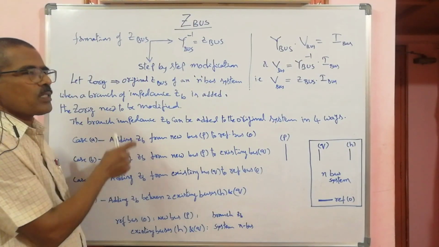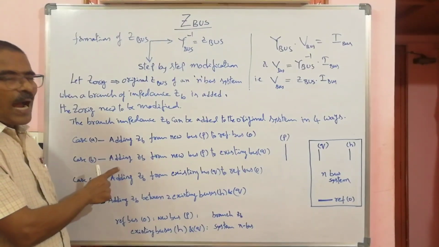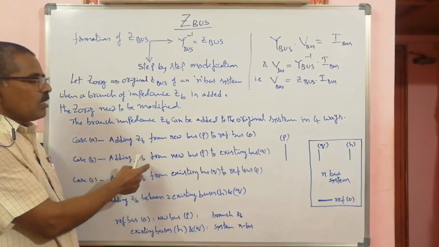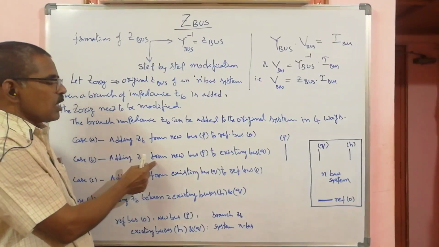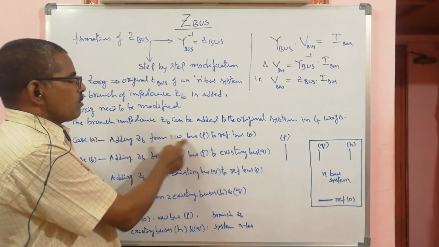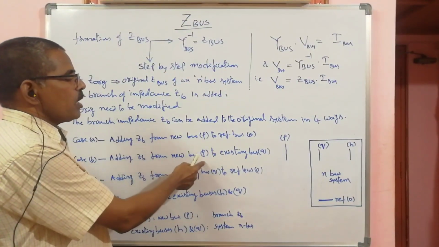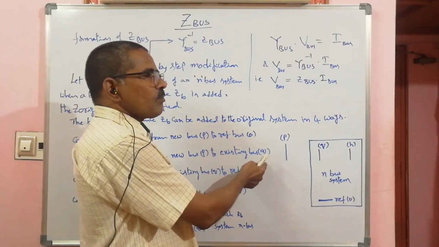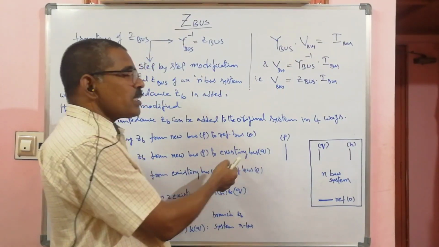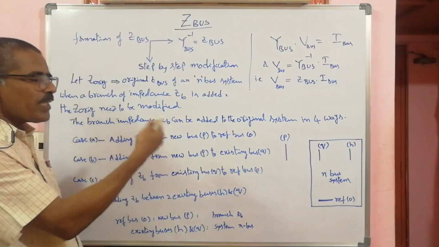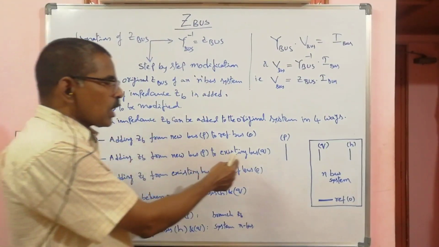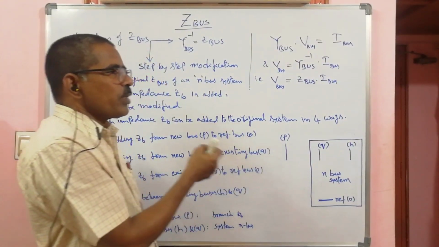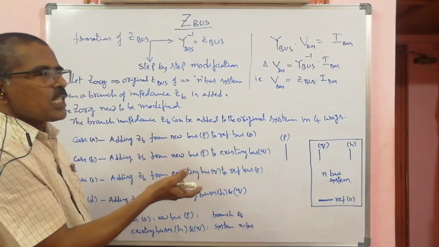This is one combination. Next combination, adding the same branch impedance ZB from new bus P to an existing bus, that is already an old bus within the system, that is Q. So Q we always refer to for an existing bus.